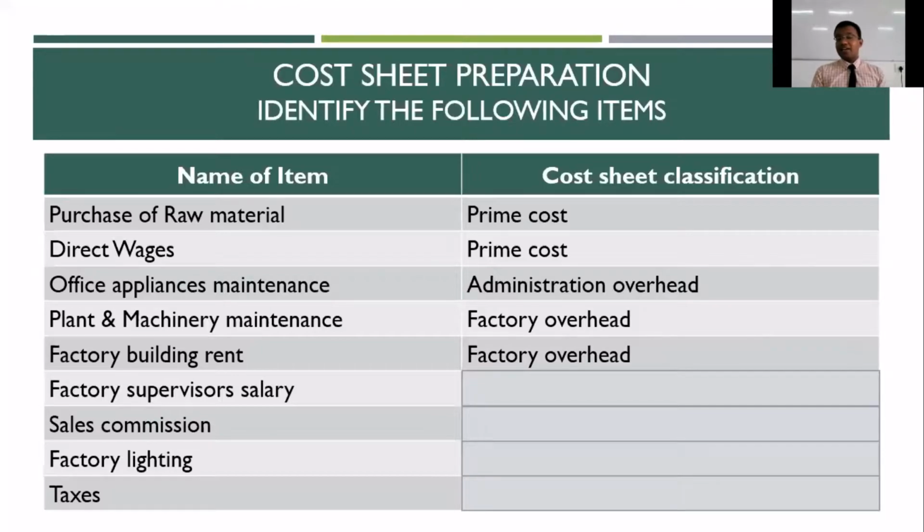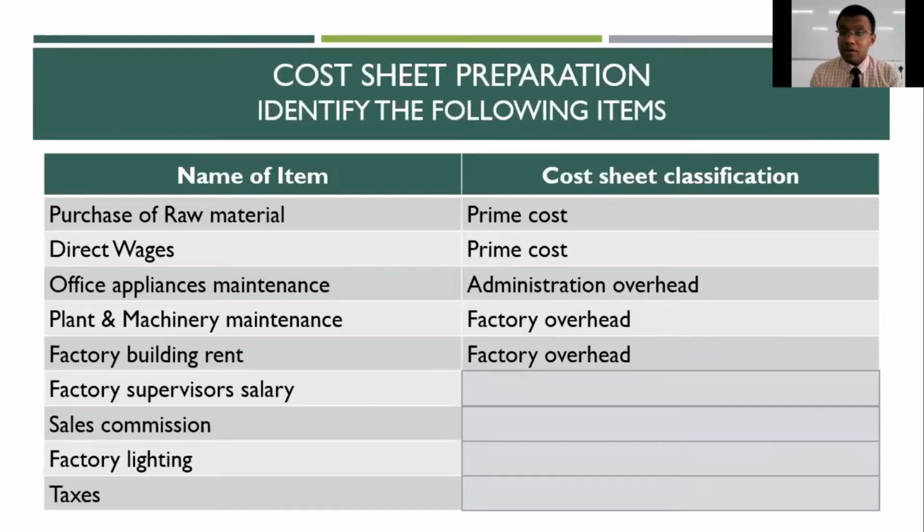Next one, factory supervisor's salary. So in order to supervise your laborers in your factory, you may have to have a person designated to make sure that they're carrying out their jobs and activities in a routine way. So this is what is referred to as factory supervisor's salary.